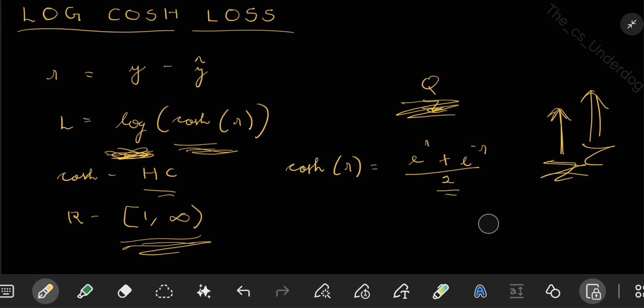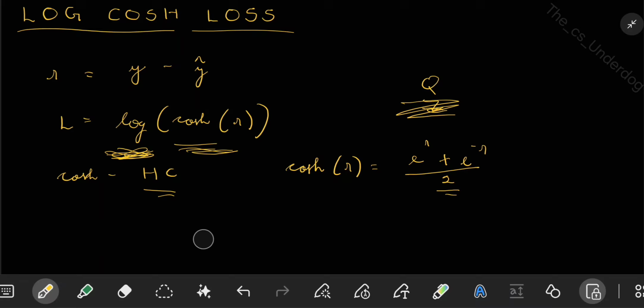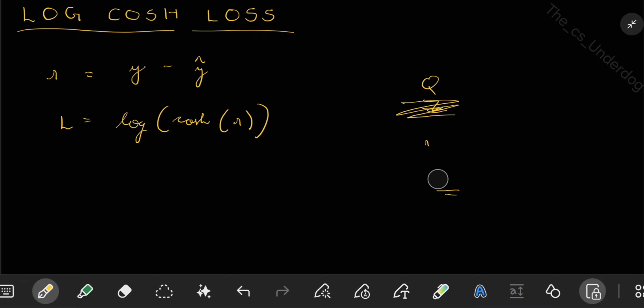So first thing, I'll show you what happens with small residuals and large residuals. Residual is this particular value, y minus y cap, the error term. In case of small residuals, I'm explaining why this is a combination of MSE and MAE. This is the part I am clarifying here.